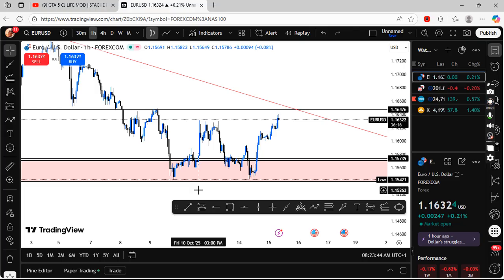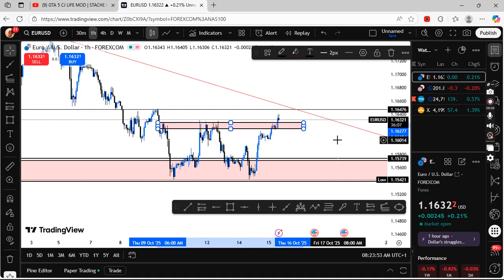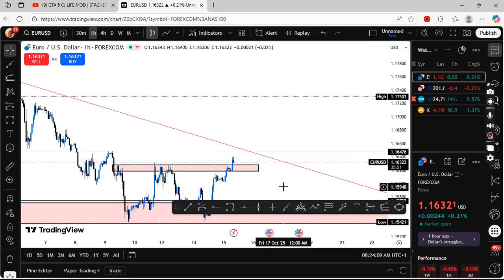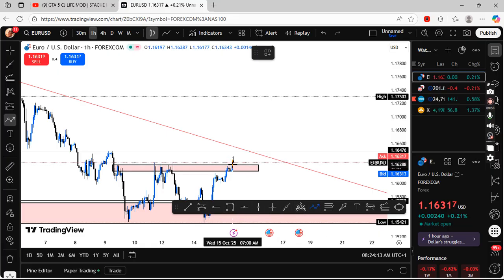But if you draw something like this, look at this now. This is a resistance level that has turned to support. If the market could tap now, some of you might want to take the trade from here. But looking at here, we have a major resistance level. So I will not really advise people to take a trade from here, but I expect them to take a trade above.